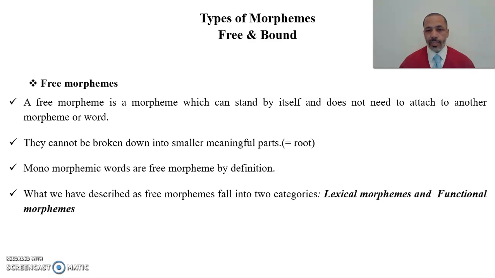There are different types of morphemes depending on the criteria by which you classify them. We start with one famous classification which classifies morphemes into free and bound. Free morphemes are morphemes which can stand by themselves and which do not need to be attached to another morpheme or another word.